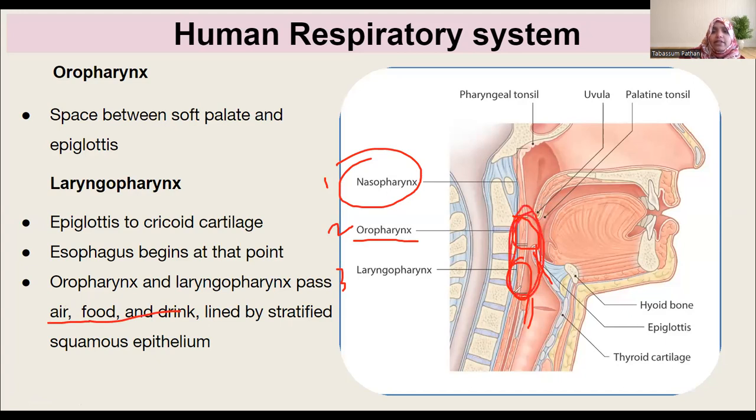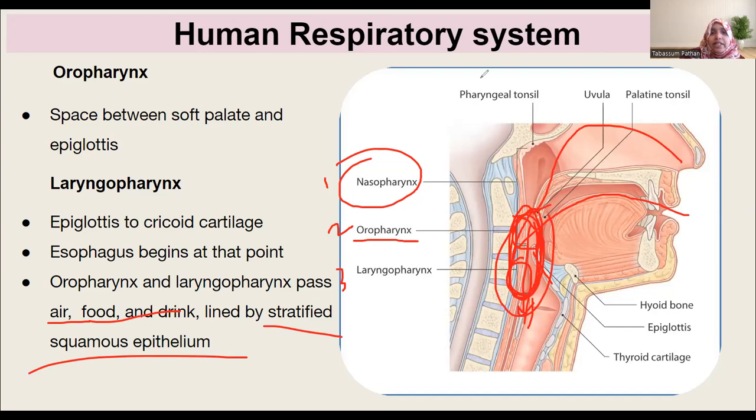So basically this is the common region where the air entering from the nasal cavity and the food entering from the mouth will meet over here, and it's a common place where the food and the air are mixed, and the cells over here are made up of stratified squamous epithelial cells.